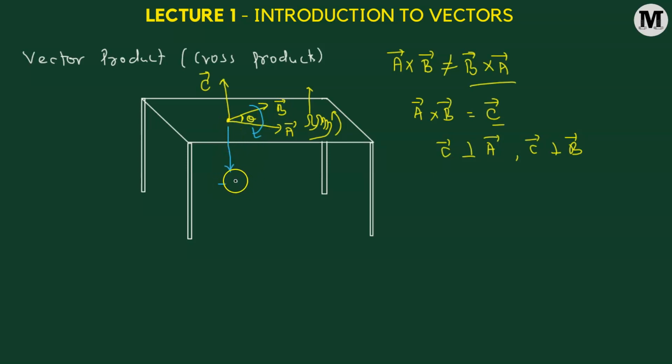So that means we're going to get a negative C vector, which is exactly opposite to that of the C vector. This tells us that A vector cross B vector is never equal to B cross A. So here I'm saying that B vector cross A vector is giving me the same vector C, but this time it's in the opposite direction.